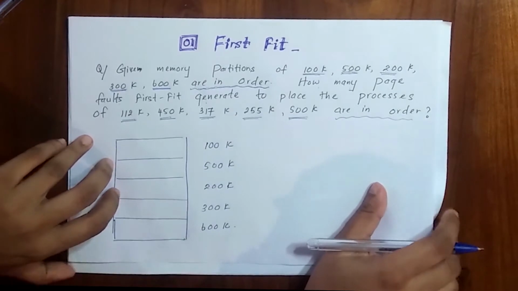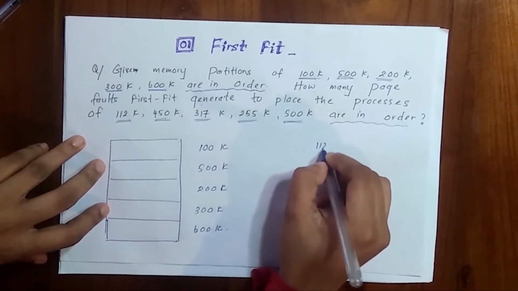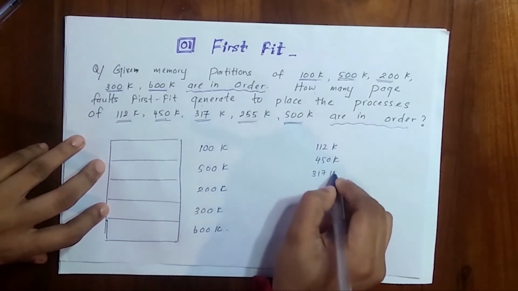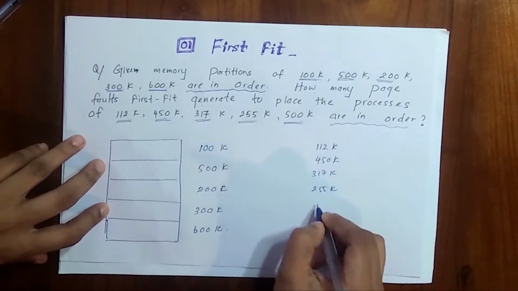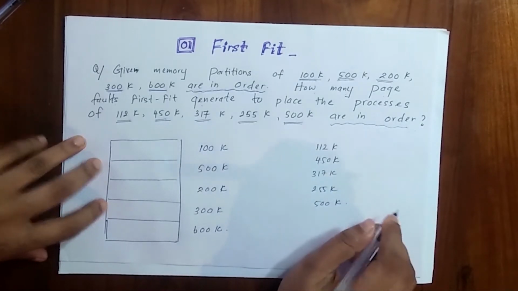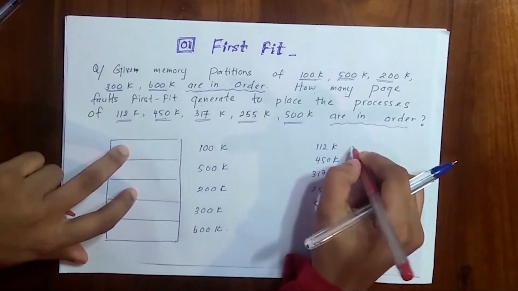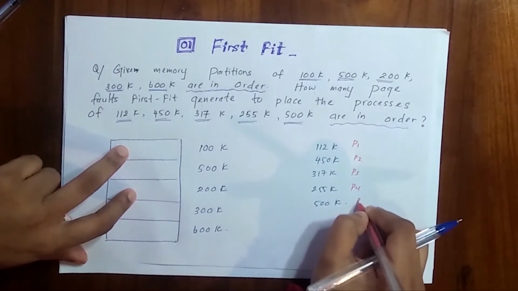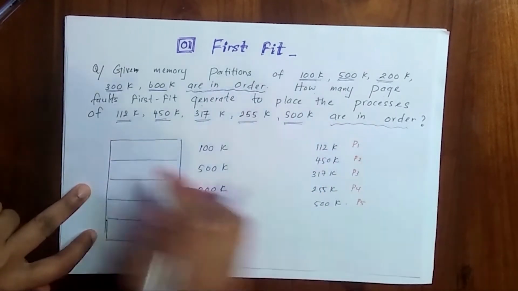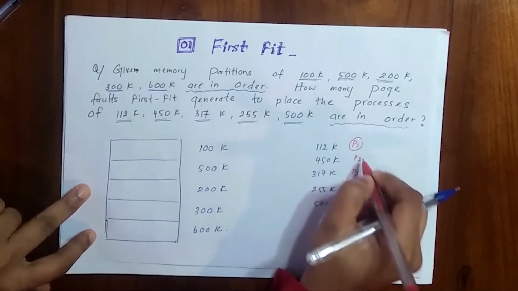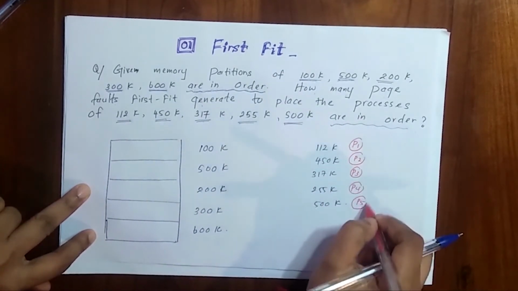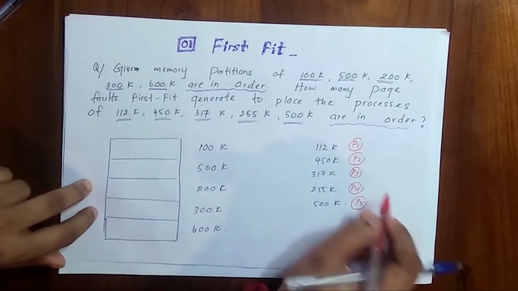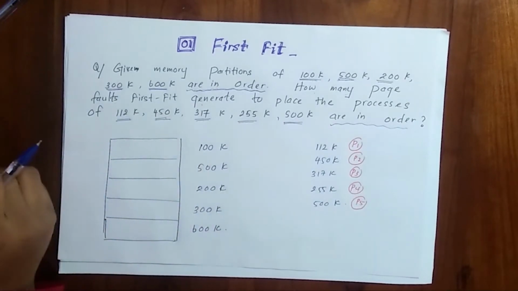And then write down the processes. If you rename them, it is easy for you. When you are placing these processes in these partitions, it is easy when you have renamed them, because you don't have to write these numbers, you can just write these letters.